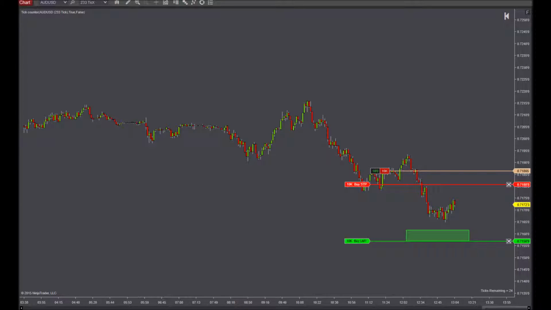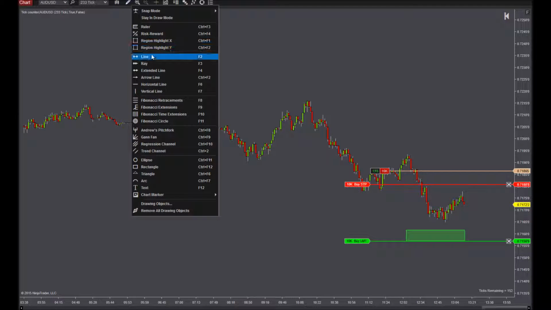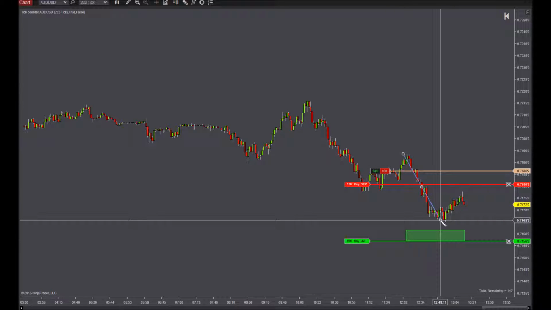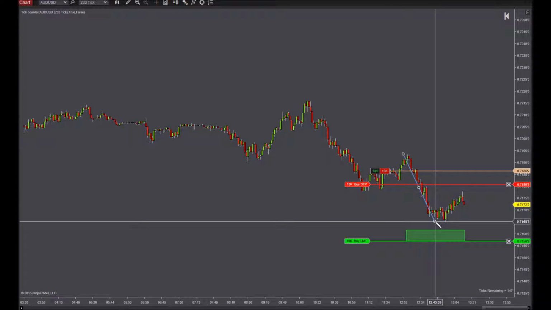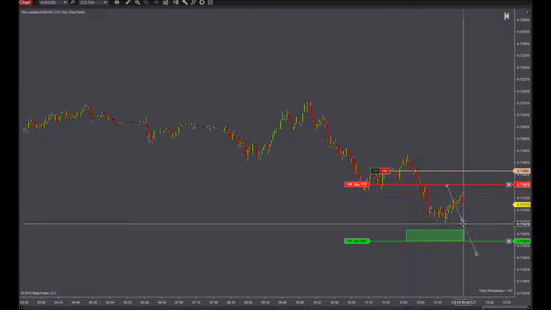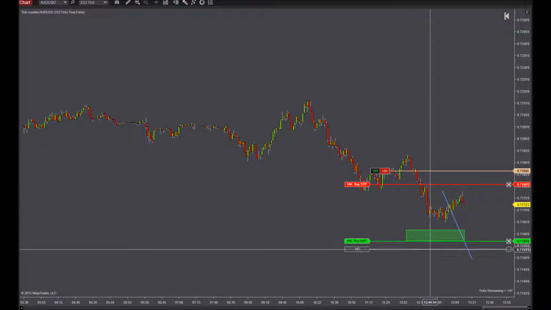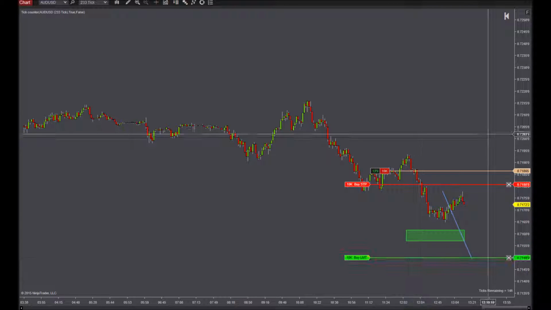So still waiting. Sorry that I'm rambling so much in this video. All right, so it looks like the pullback is complete. So I got a couple of options here. I can, one, leave my PRZ here and take profit when we get down there, which was the original plan, or we can reassess the current swing and move our target profit down to here.